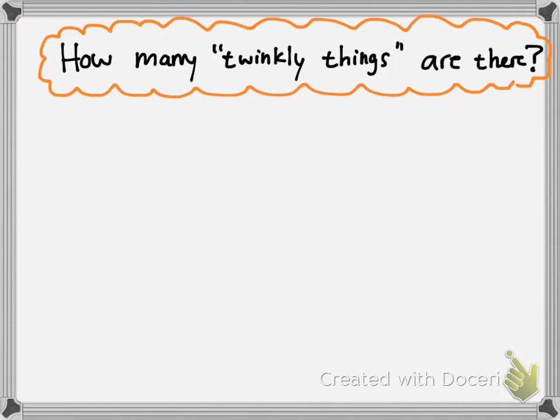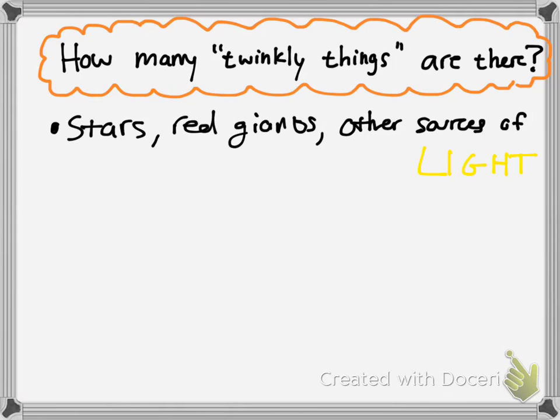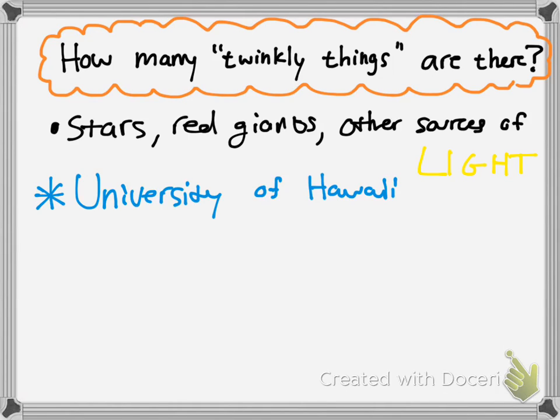Okay, so this is kind of weird. Again, how many twinkly things are there? I'm talking about stars, red giants, and other sources of light. Well, the University of Hawaii calculated this number as well. Not the same people, but the cosmology department, I'm assuming. But guess what the number is?